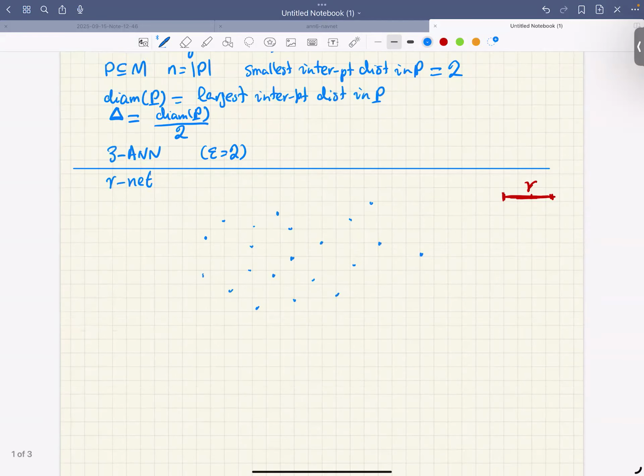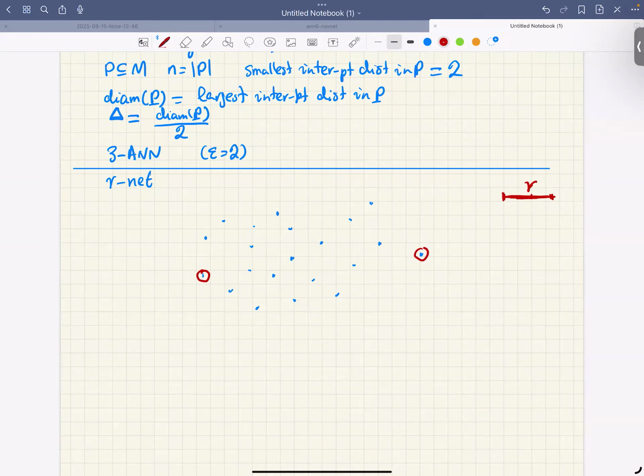Last time I explained the general idea behind the computation of r-nets. You start with an arbitrary point and include it. Then you identify the point with the largest Mahalanobis distance. You've got only one point here, so this will be the second point you include into the r-net.